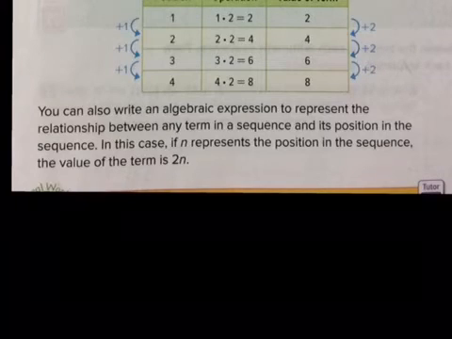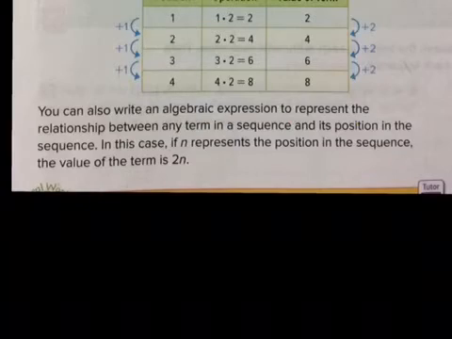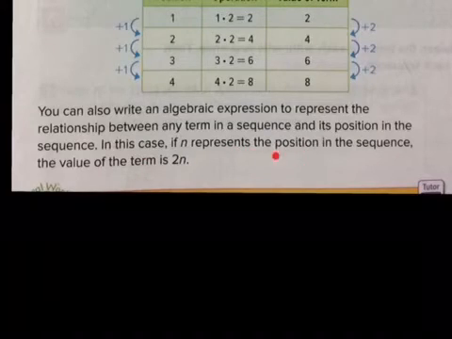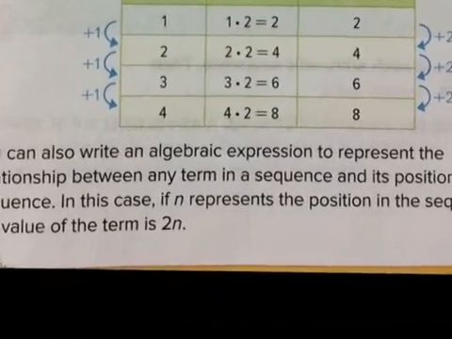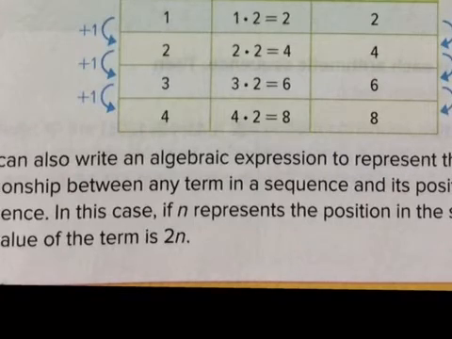If we don't know what position we're looking for, you can also use an algebraic expression to represent the relationship between the term and its position in the sequence. In this case, if n represents the position, because we don't know what position we're looking for, the value of the term is 2n, because we know the rule. We know that the rule is going up by 2 each time, 2, 4, 6, 8, and so on.